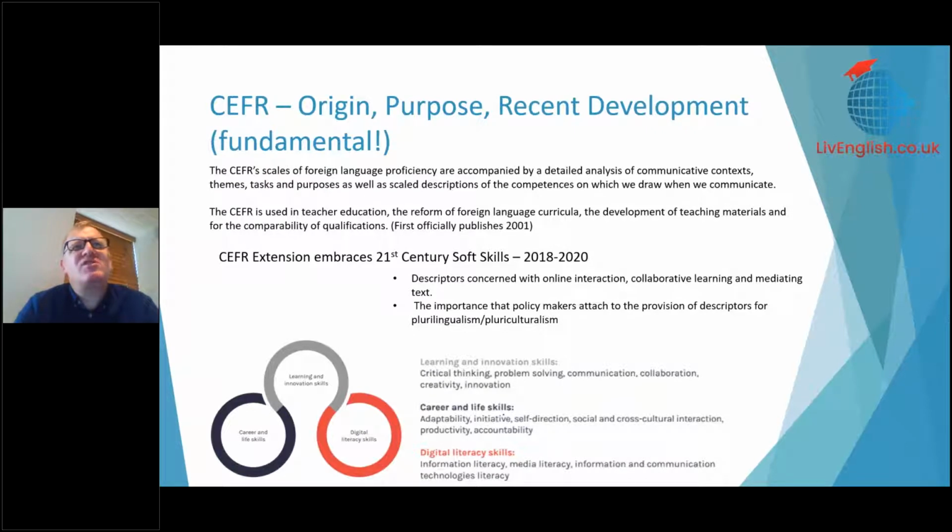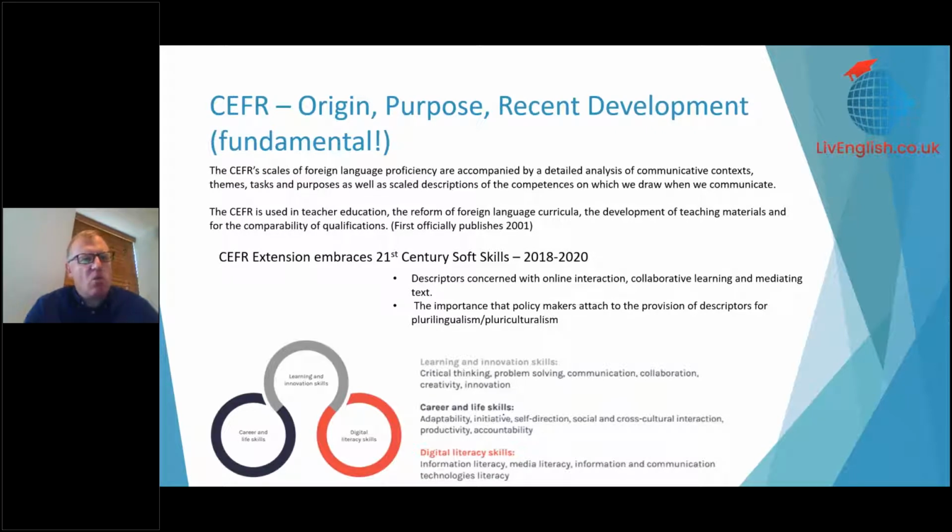So how do you actually teach critical thinking? How do you teach problem solving? So the CEFR went back a step and said, okay, let's describe them first. Let's describe what a person can actually do in practical terms, so that we can then see how well they can do critical thinking, as an example, or how well they can collaborate, how creative they can be with their communication and their problem solving.